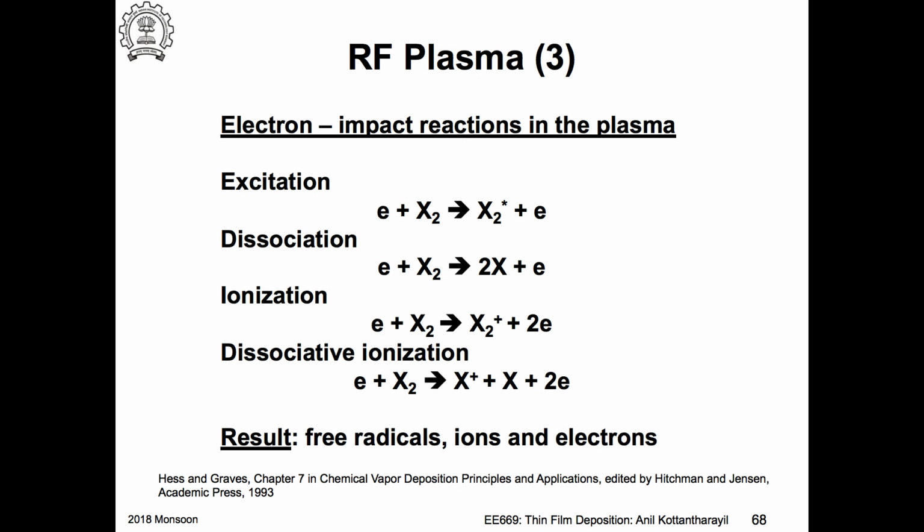Okay. Depending on what the free radical is, what element or species it is, it can cause deposition or it can also be used for etching. Essentially, it is a chemical reaction. If the chemical reaction results in a solid material, that can get deposited on the wafer.